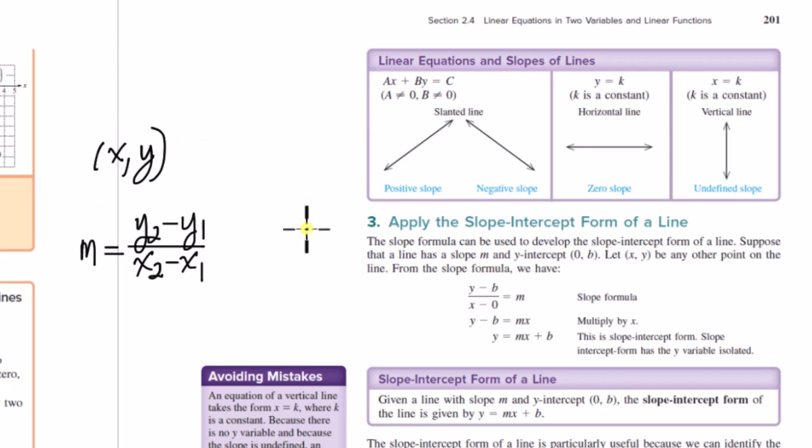Now, the other point. If we think about all of the cases where we have a slope, which is any line in any orientation except for a vertical line, so slanted lines or a horizontal line anywhere in the plane, any line like this is going to have a y-intercept, 100%.